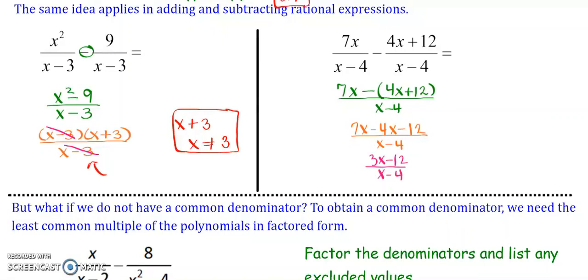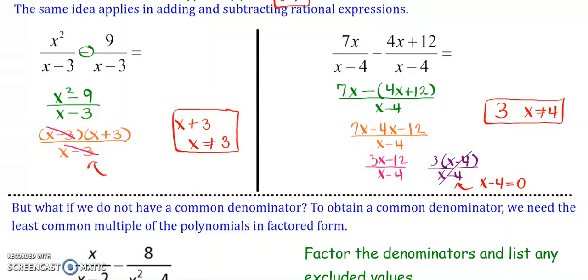Now let's factor that numerator to see if we can cancel anything else out to simplify. And we can cancel out the x minus 4s. So all we're left with is 3, and x cannot equal 4. Remember, your domain restriction comes from the denominator. We think, what value of x is going to make that denominator equal to 0? That value of x is 4, so we say x cannot equal 4.